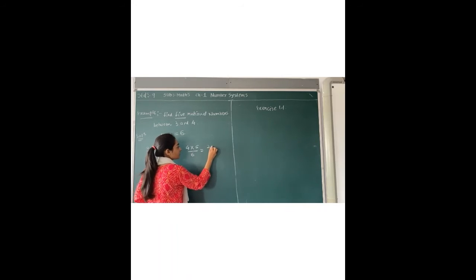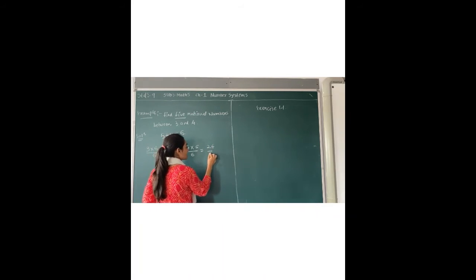So multiplying 3 with 6, I get 18 divided by 6. Similarly I do the same with the number 4: 4 multiplied with 6 and divided by 6 gives 24 divided by 6. If we cancel this, we get 3, and for the other we get 4.